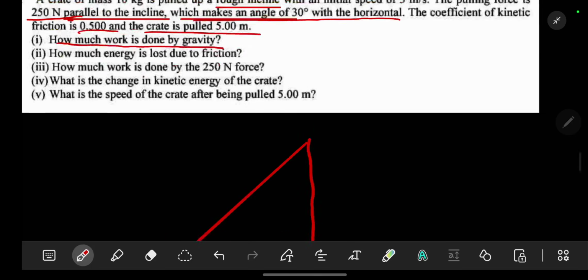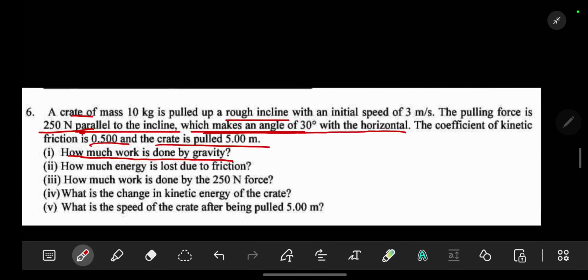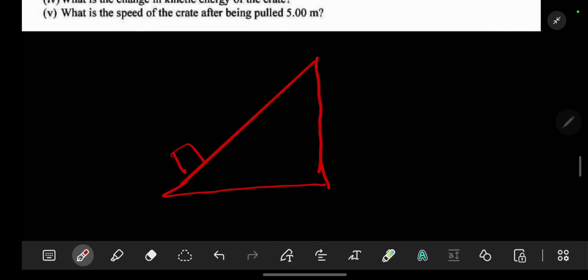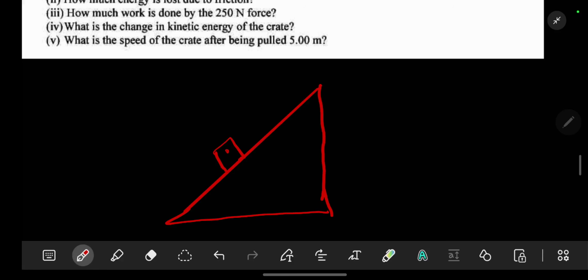Now what are we told? We are told that a crate of mass 10 kg is pulled up, meaning it's going up. We can draw it down here to show where it's coming from, and then we split the forces.